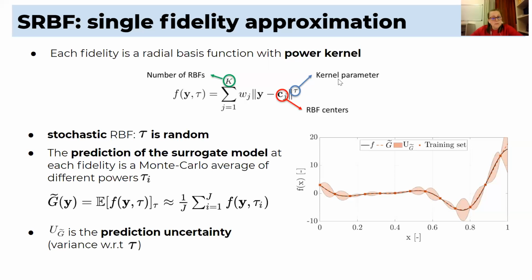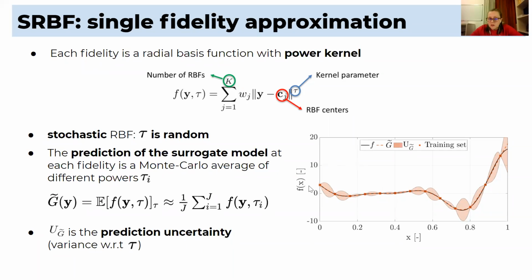The prediction of the surrogate model at each fidelity is a Monte Carlo average over different powers of tau. So we have different tau values, we average the results, and we get G tilde, which is our single fidelity prediction. Associated with each prediction we have a certain uncertainty, which has to do with the variance of the parameter tau.